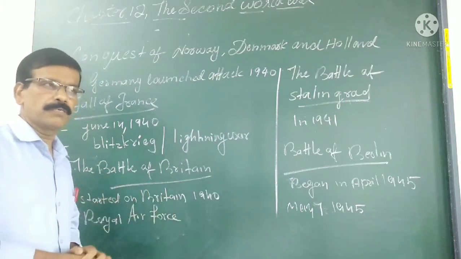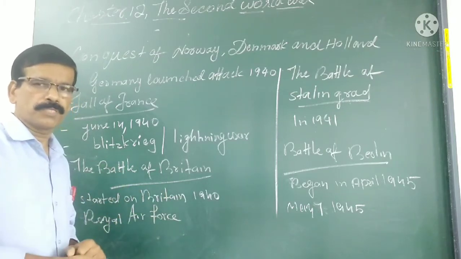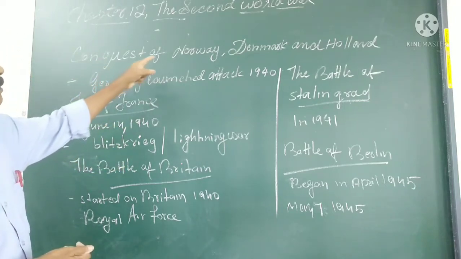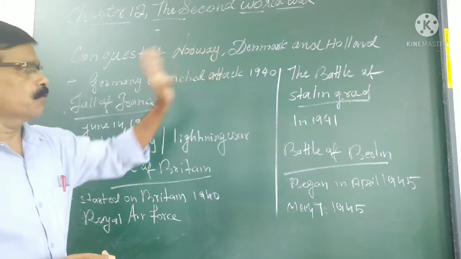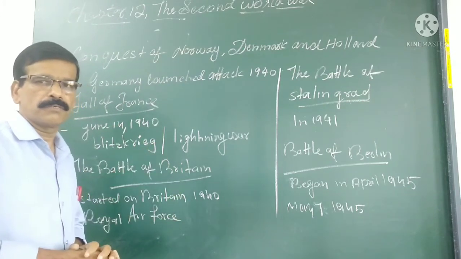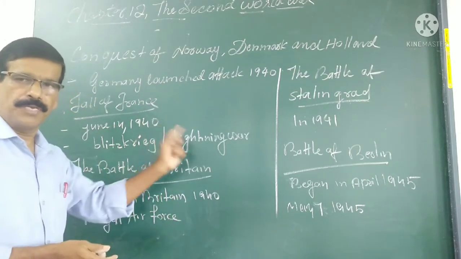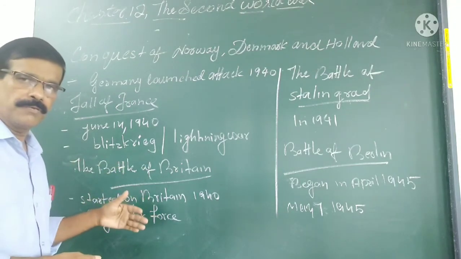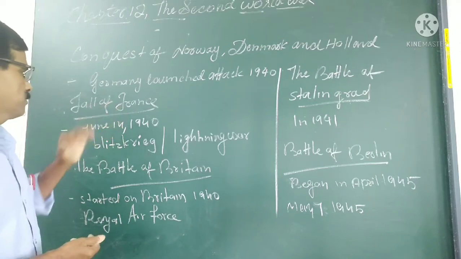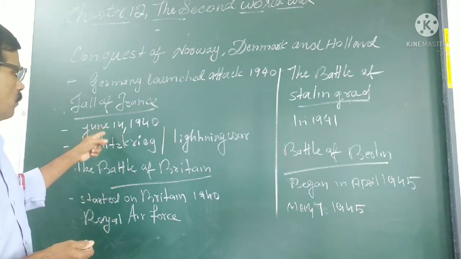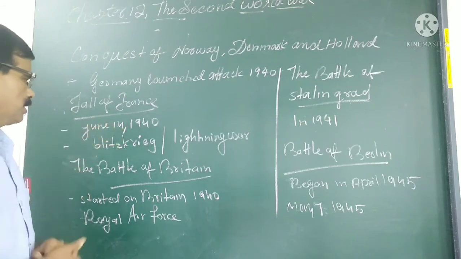Now we will see the development of the Second World War. Germany launched an attack on Norway, Denmark and Holland in 1940. Within a short period, Germany completely defeated these countries. After that, Germany turned to France. The German force entered France on 14th June 1940.